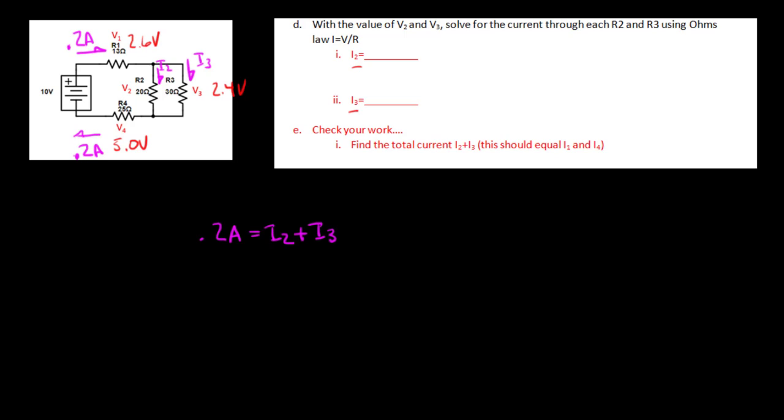The other thing we know is that voltage is equal to current times resistance, so I can solve for current by going I is equal to V divided by R. I've got two different solutions here. Let's first solve for I2. I2 is going to be V2, which was 2.4 volts, divided by the resistance, 20 ohms.